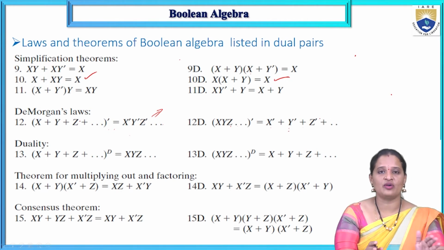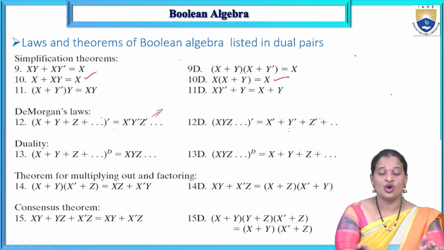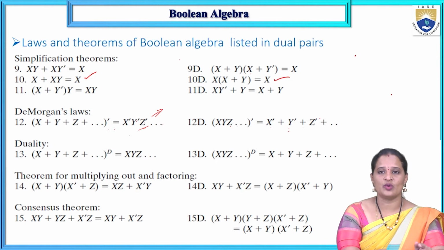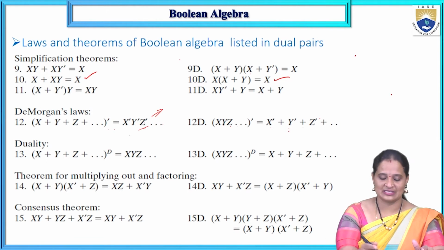That means the complement of the sum of n variables equals the product, the AND, of the complements of the n variables. We cannot prove this with simple mathematical expressions; we have to prove it using the truth table. We'll see De Morgan's law and its proof in the next slide.